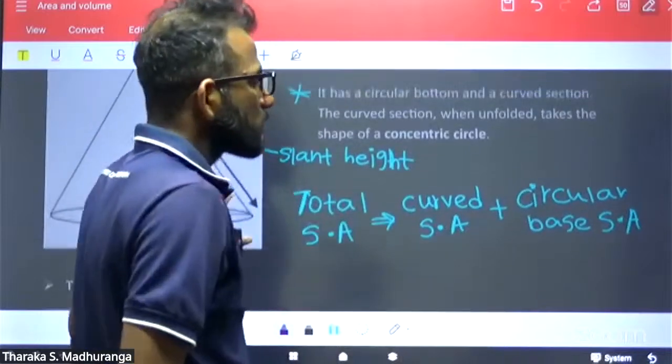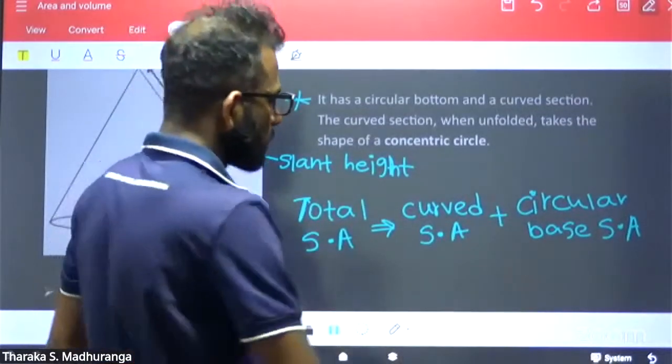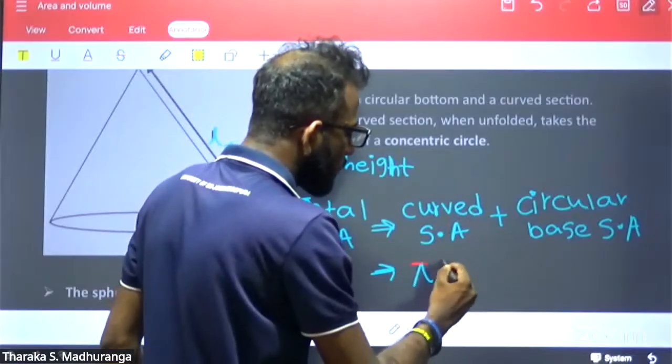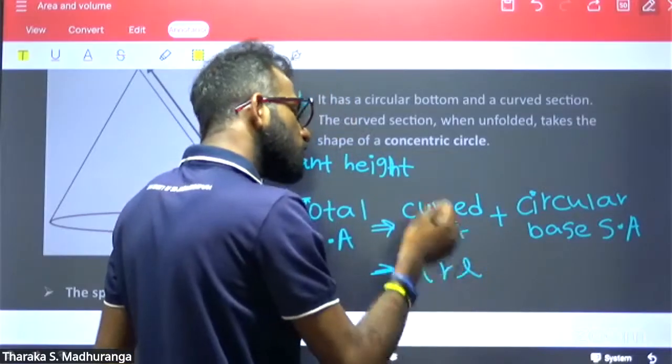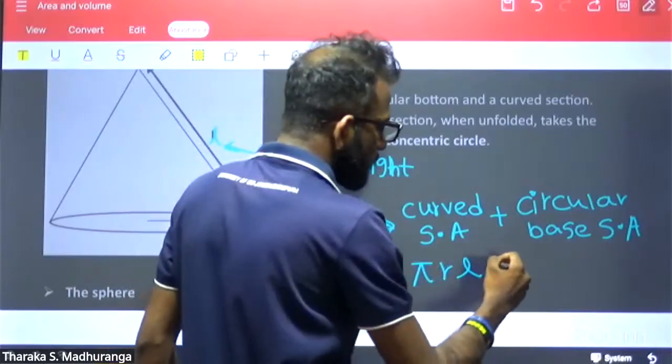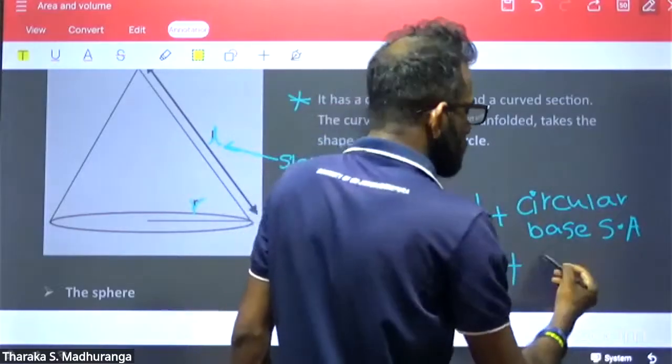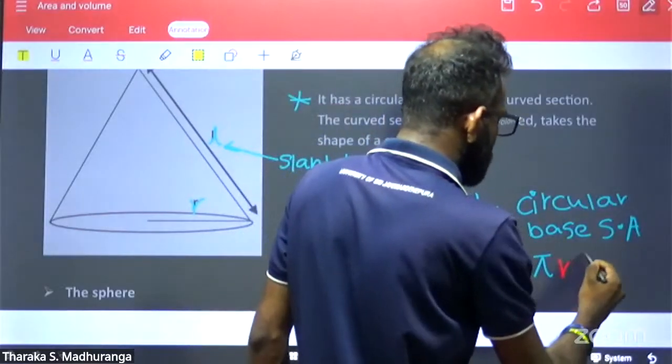Okay. Now, what is the equation? Remember, the curved surface area is πrL. L means what? Slant height. πrL plus the circular base, which is a circle, it is πr squared.